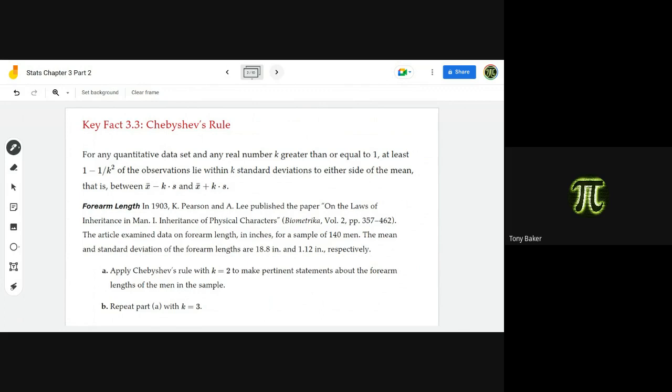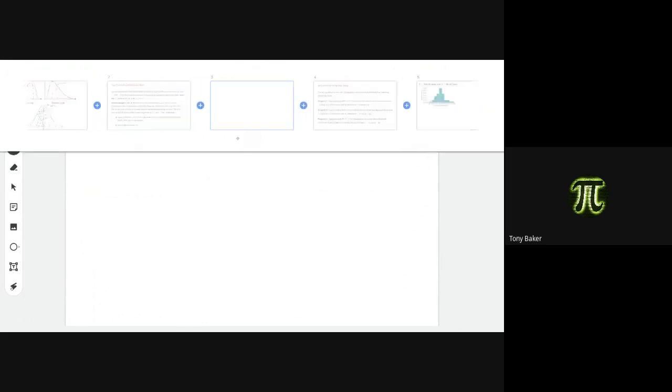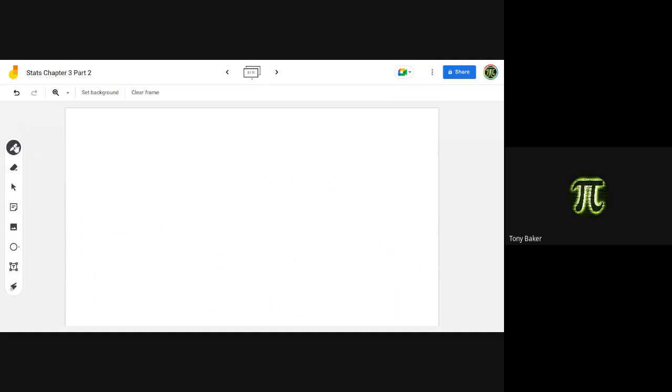Let's see what that means first, before we figure out the percentage. I have 18.8 in the middle. That's my mean. And my standard deviation, we'll use S, these proper terms, was 1.12 inches.